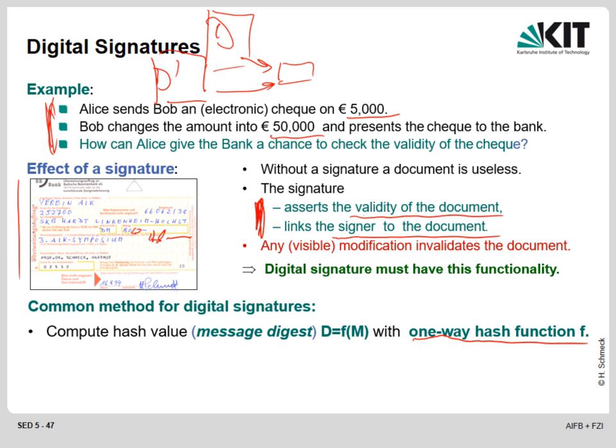If you make a small change to the document, you should get a completely different hash value. There are several requirements for one-way hash functions. And in particular, it must be very difficult to find a collision.